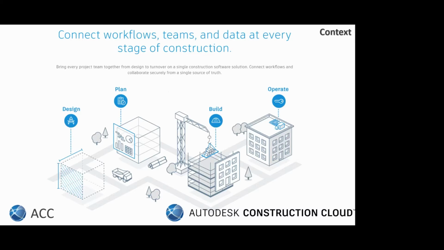All of it which needs to be a single source of truth, and of course be based on one unified platform. So the platform that we are going to speak about is of course the Autodesk Construction Cloud, or for short, the ACC.